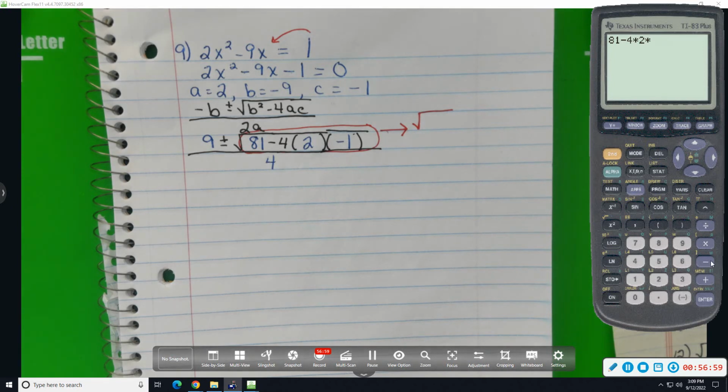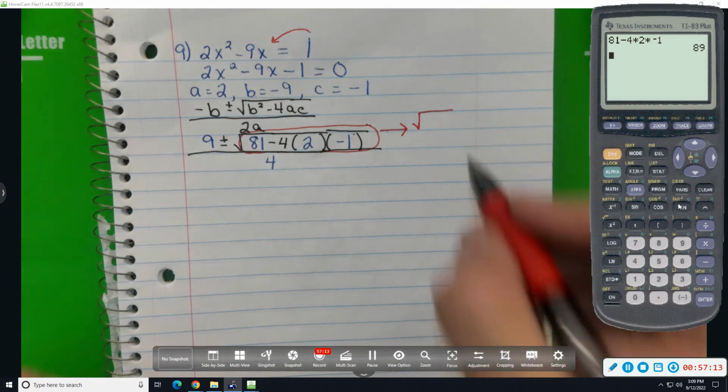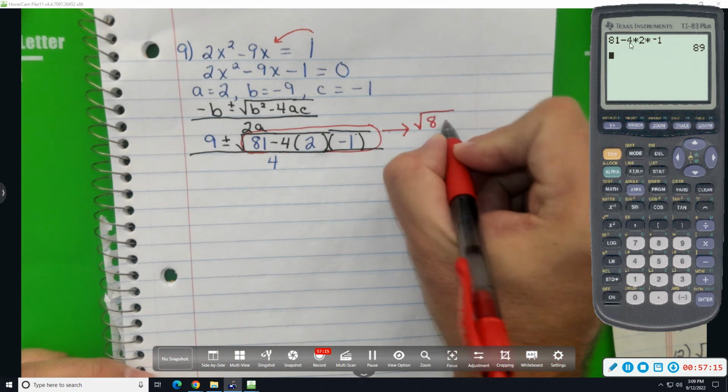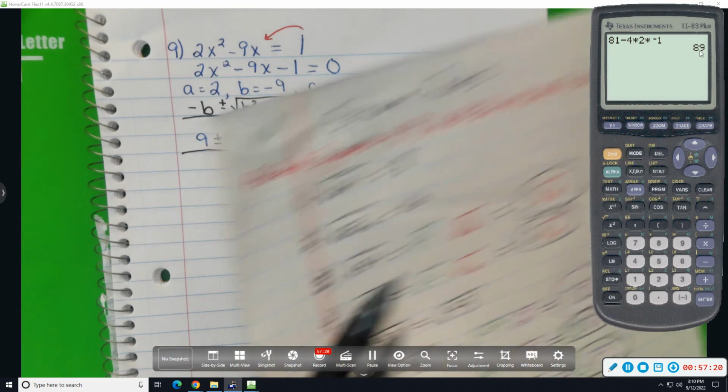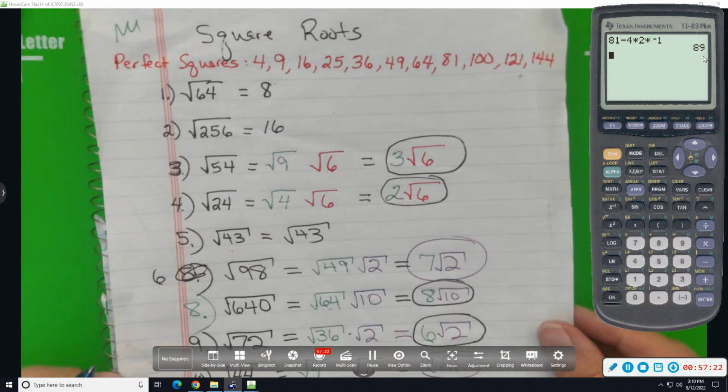No, that's the subtraction, what I used up here after the 81. For that negative 1, I used the little negative sign. That equals 89. That's 81 plus 8. A negative times a negative became a positive, so we wind up with a radicand of 89.